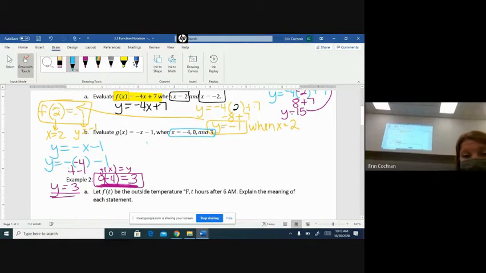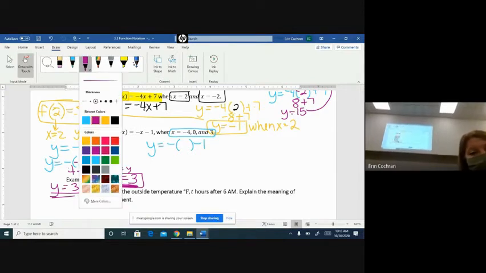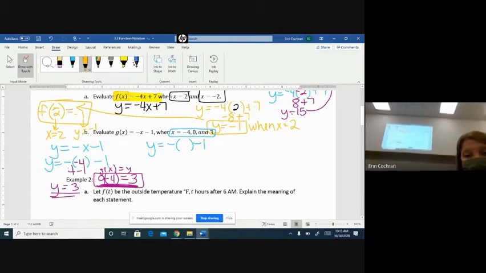0. So y equals negative x minus 1. And what's going in? What did you just say? 0. What's a negative 0? 0. 0 minus 1? Not 1, but negative 1, right?